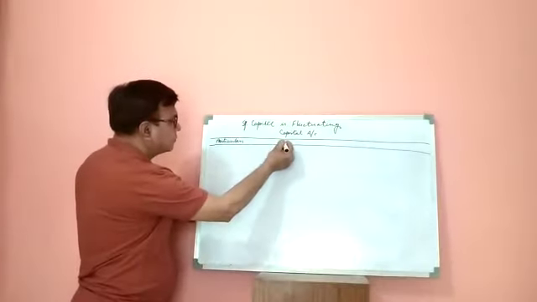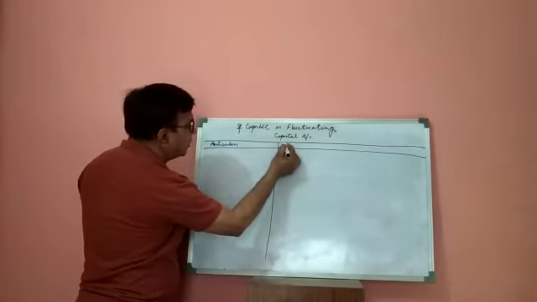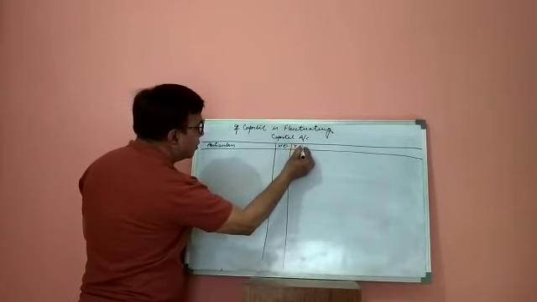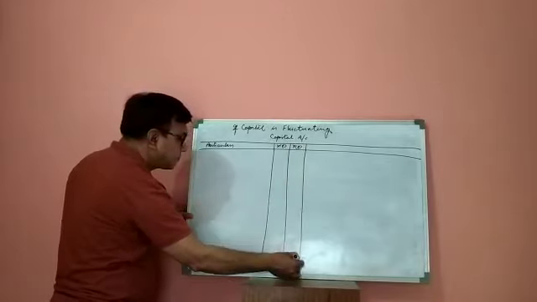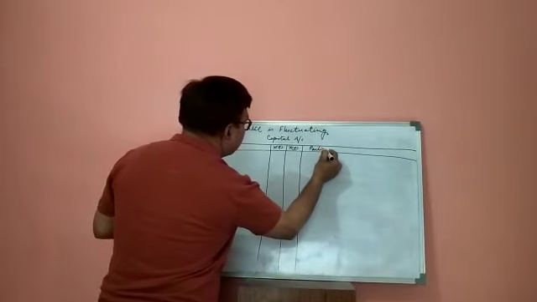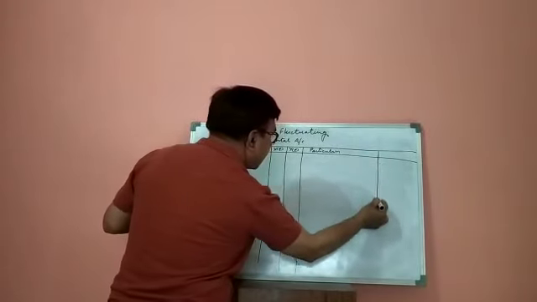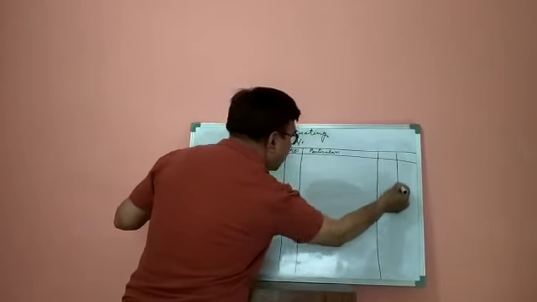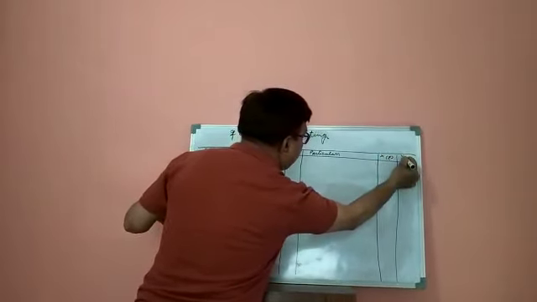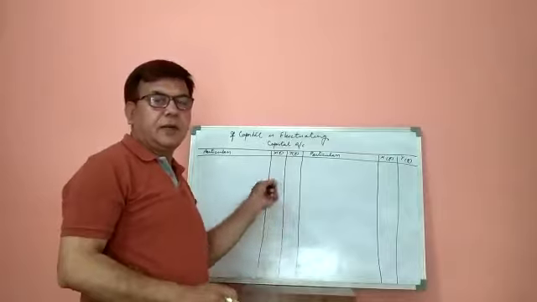Right? X rupees, Y rupees, particulars. X rupees and Y rupees, or dollar or whatever currency you are using, you may write there.